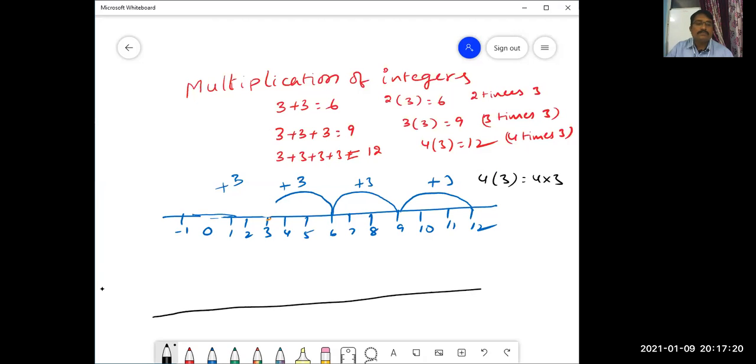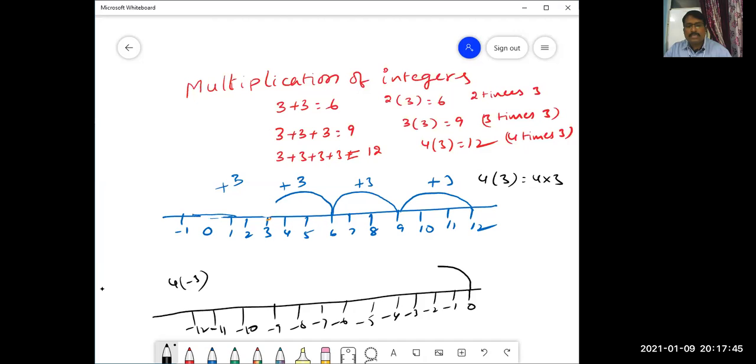Now 0, minus 1, minus 2, minus 3, minus 4, minus 5, minus 6, minus 7, minus 8, minus 9, minus 10, minus 11 and minus 12. So 4 into minus 3. From 0 to minus 3 we have to move to the left side, 3, 6, 9 and 12.